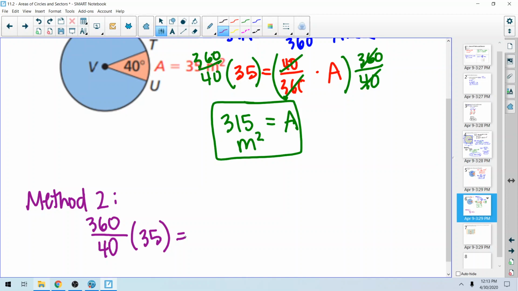So if I figure out how many sections are in there, 360 divided by 40, and then I multiply it by the area of 35, I should get the same answer. So control divide, 360 divided by 40 times 35, and look at that, you get 315. Whichever method you like best.